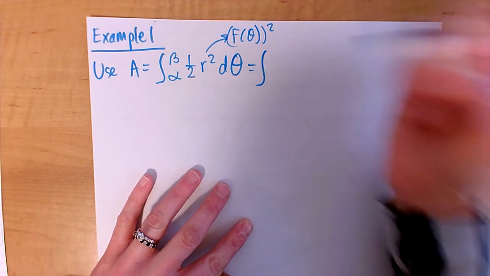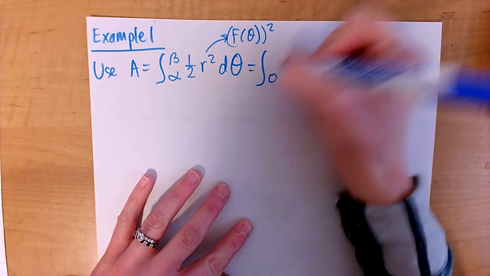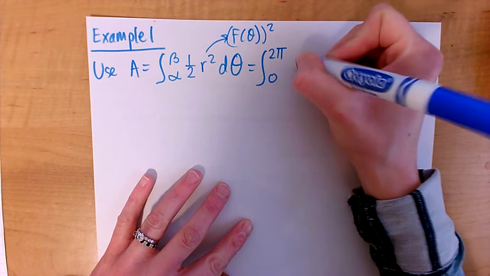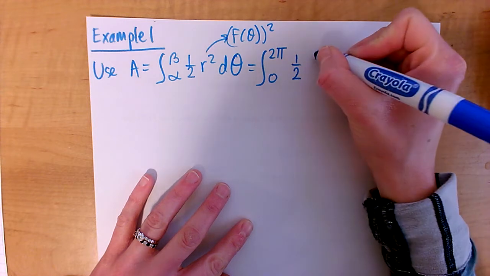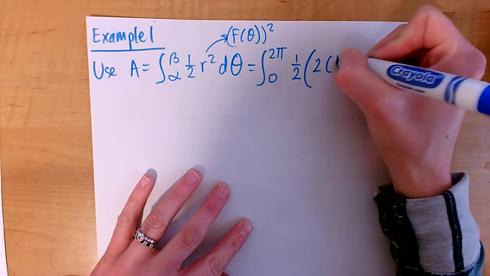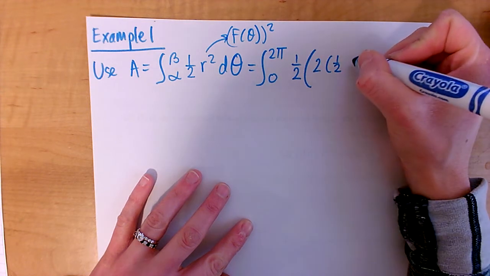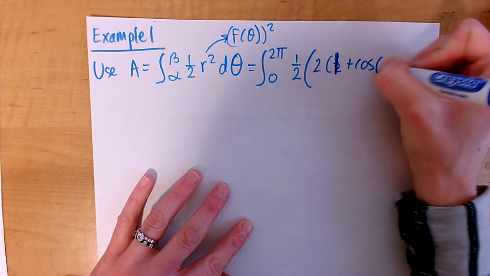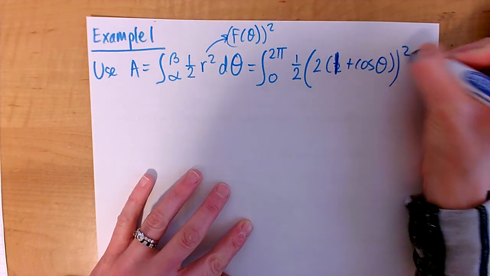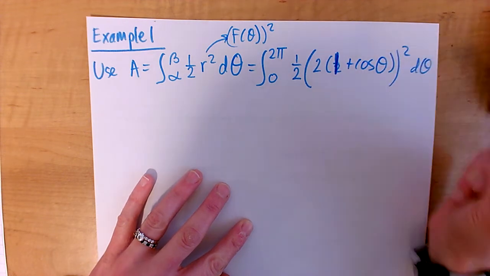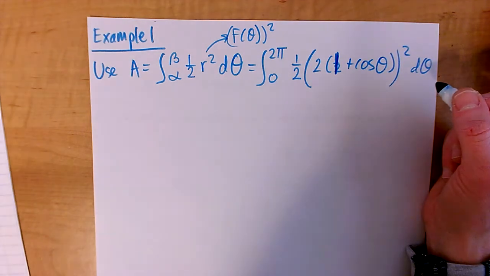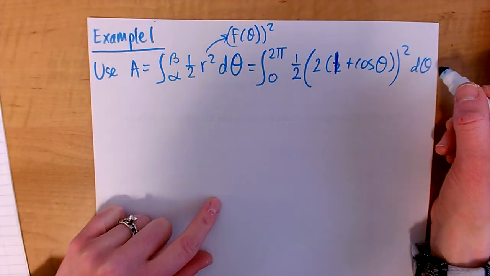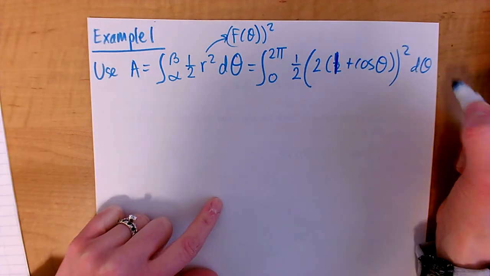So our initial and final angle here will go from 0 to 2 pi of 1/2, and then my r is going to be 2 times, or I'm sorry, 2 times (1 plus cosine theta), and that's squared, d theta. Okay, so now we can go ahead and simplify some things.